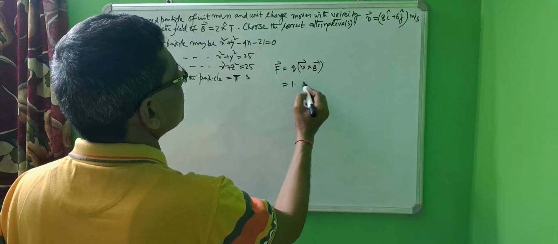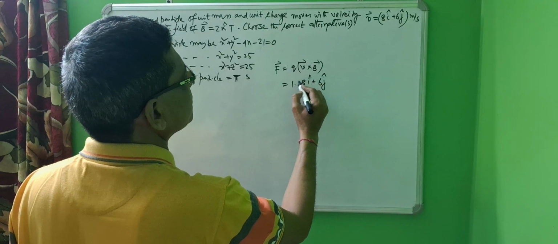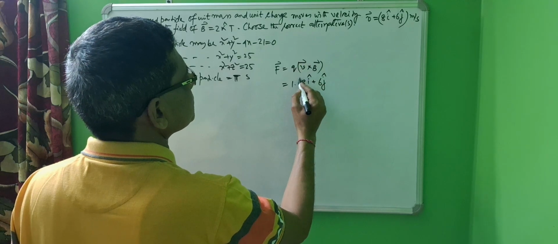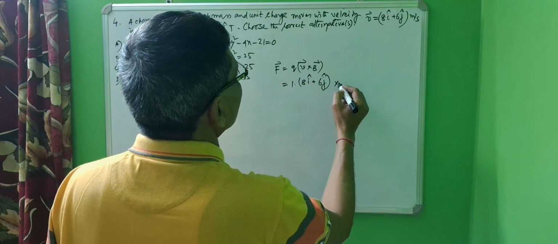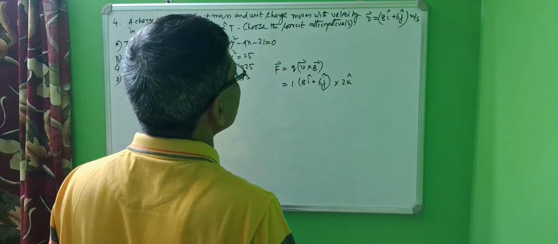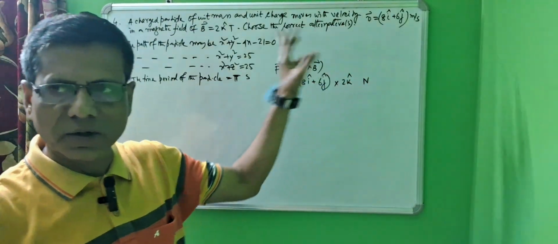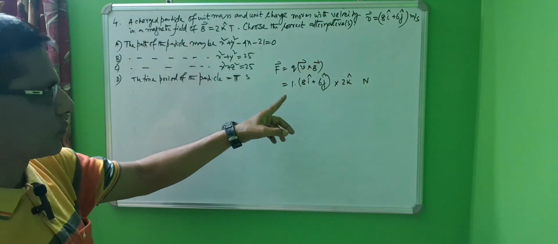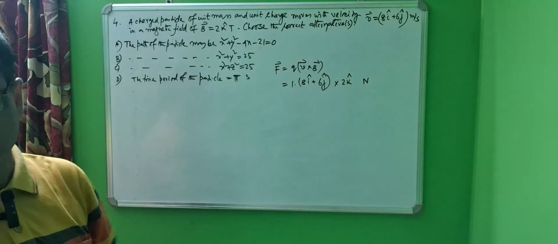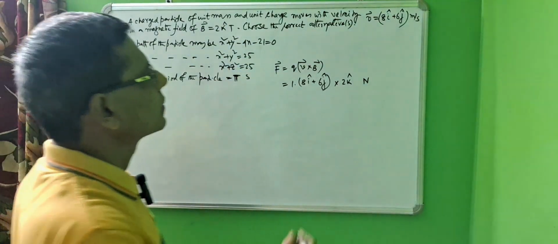Q is 1 given, so we can write 8i plus 6j cross 2k. Unit will be Newton because this one is meter per second and charge is taken in Coulomb unit. Also B is taken in the Tesla unit.